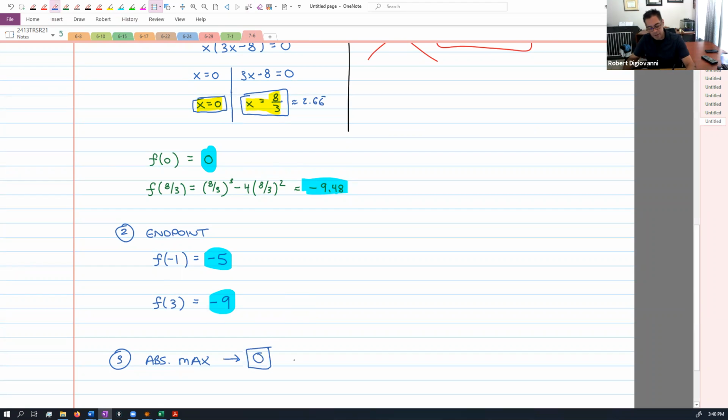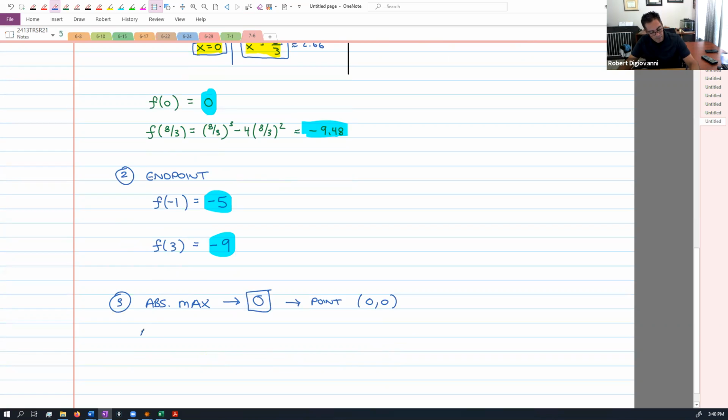Now, I like to write it as a point, because what did we get to get 0? The x value had to be 0, so it's actually the point (0, 0). The absolute maximum value is 0, but writing it as a point helps you see where it happens. You'll see on the next part.